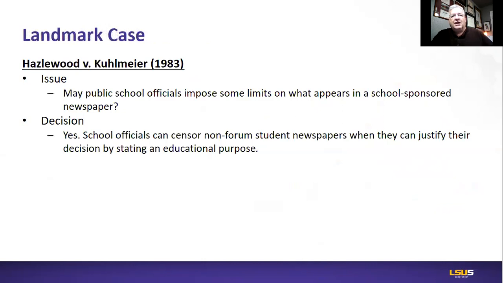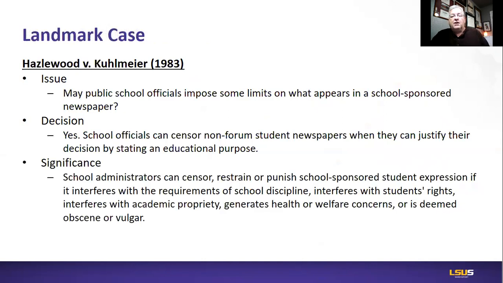Generally, we can't censor them for no reason, but if it interferes with the school, we can censor them. And you can see what the significance of that is, and that again is allowing the school district to limit the constitutional individual rights guaranteed to them by the First Amendment.